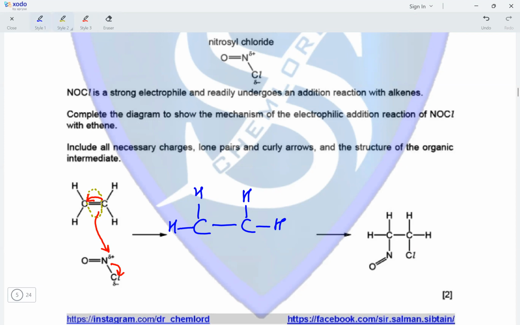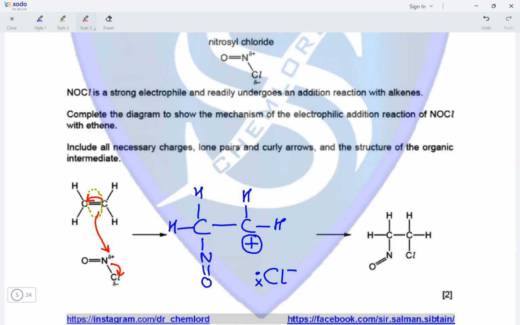So this would result in the formation of N double bond O attached to the carbon on the left and the carbon on the right having a positive charge on it. This is the carbocation that is produced, and also the chloride ion having the lone pair of electrons, which was the bonding pair of electrons between the nitrogen and chlorine atom, present along with the carbocation.